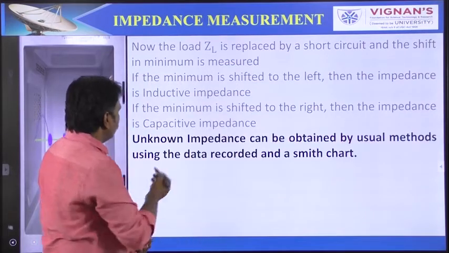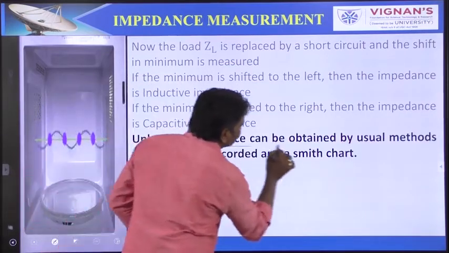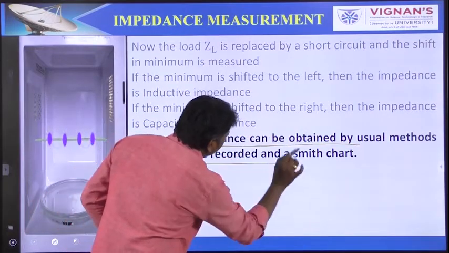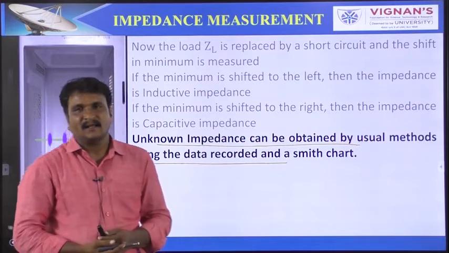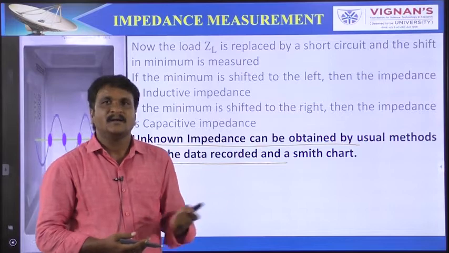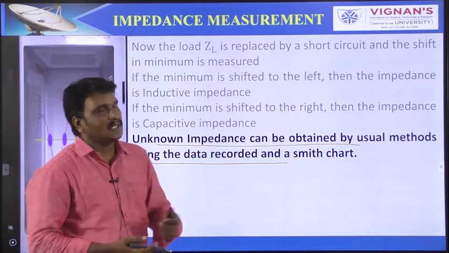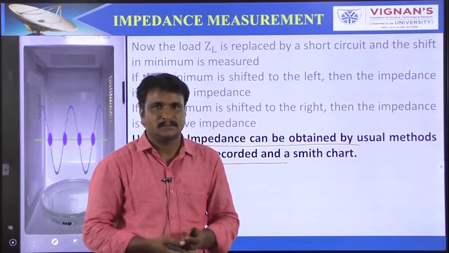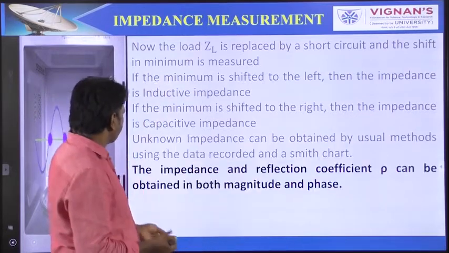Now, the unknown impedance can be obtained by the usual methods using the data recording and a Smith chart. By using the Smith chart, we can find out the unknown impedance given by any load, right?